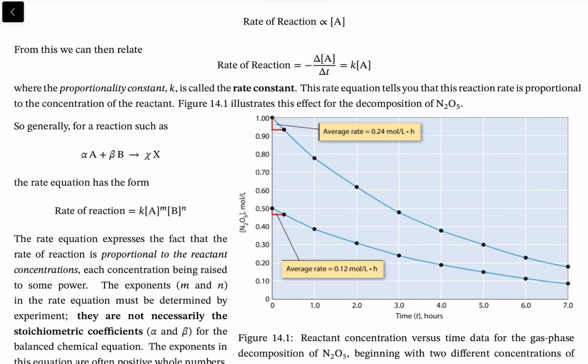So in this case, we increase the concentration of the reactant N2O5. It's just an example reaction. You've seen the decomposition of N2O5 before, and its concentration was doubled. So its initial concentration went from 0.5 to 1 molar.